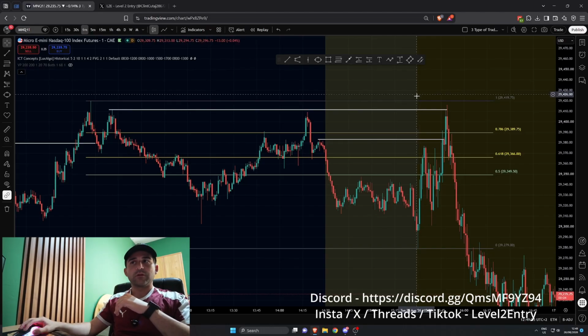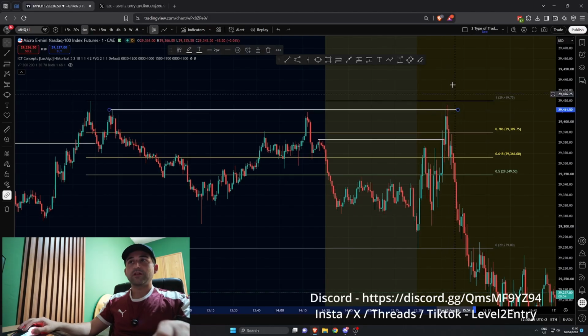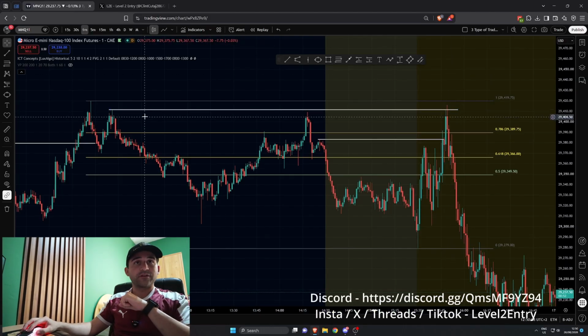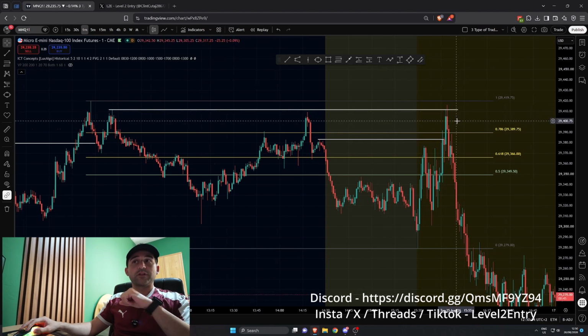But eventually price, when it went above it, didn't give an entry, so we don't take any more note of it. But the point that I marked earlier, this one here, which I explained a few seconds ago, price went above that point.